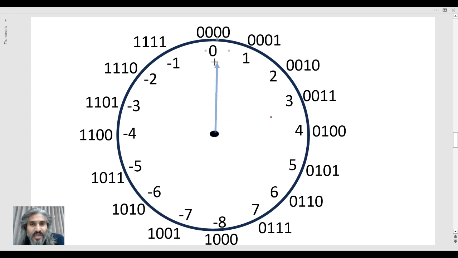So here our m is 4, m minus 1 is 3, 2 power 3 is 8. So our most positive number is 7, and our most negative number is -8. This probably clarifies the various design decisions that are made.